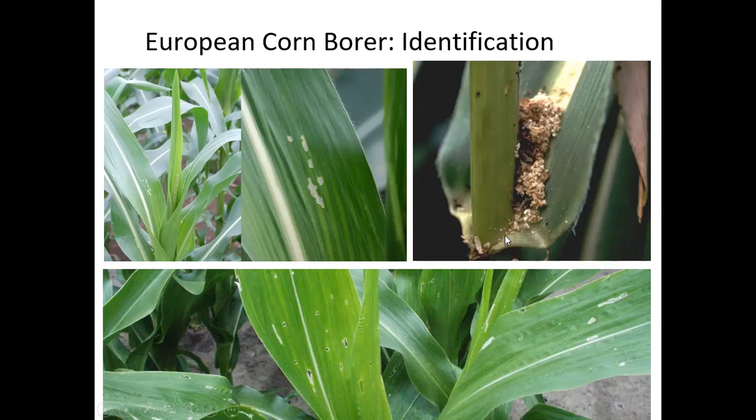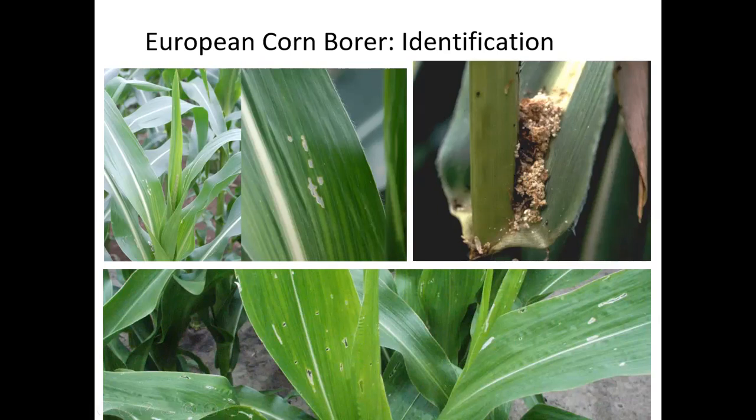And like the common armyworm, it can leave large amounts of frass behind. That sawdusty substance is just insect poop, and that's often a sign that insects have been present. Once they leave those initial leaf feeding stages, once they hit about the third instar, they are going to bore or tunnel into the stem of the plant, into the stalk.